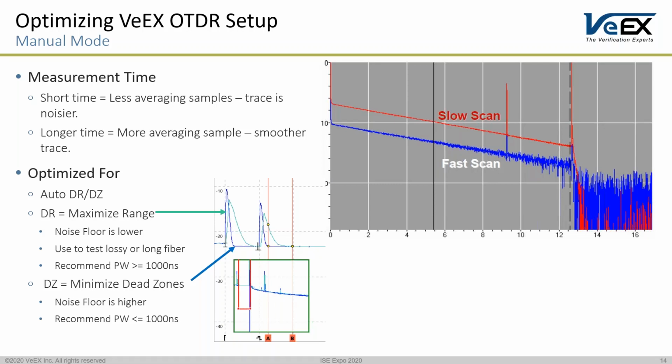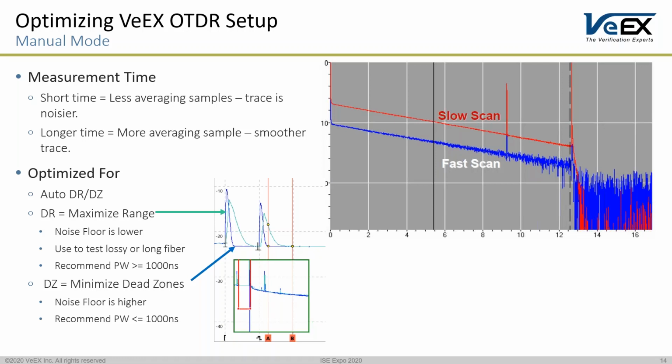On our VeEX settings, we also have settings to optimize for dead zone. You can set it to auto, and this will have the OTDR choose, or you can optimize for dynamic range or optimize for dead zone. One reason to optimize for dynamic range is that it results in a lower noise floor, which allows you to shoot further.